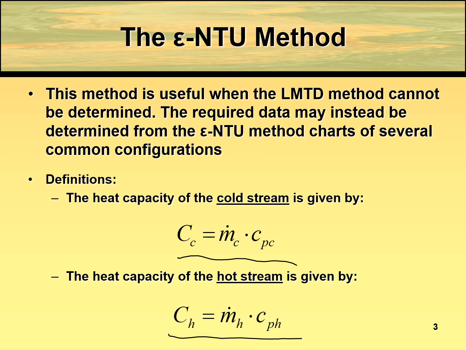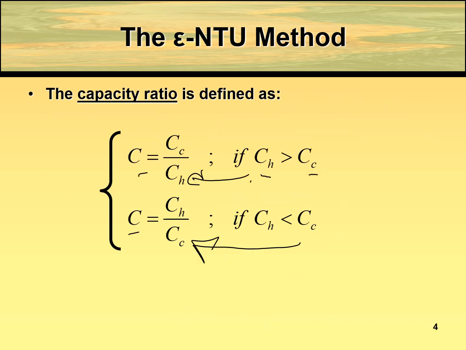Similar to the log mean temperature difference method, LMTD, we're still going to use the heat capacity, for the cold flow and hot flow, given by this equation, where throughout this you need to evaluate the heat capacity ratio. The heat capacity ratio is given by C minimum divided by C maximum.